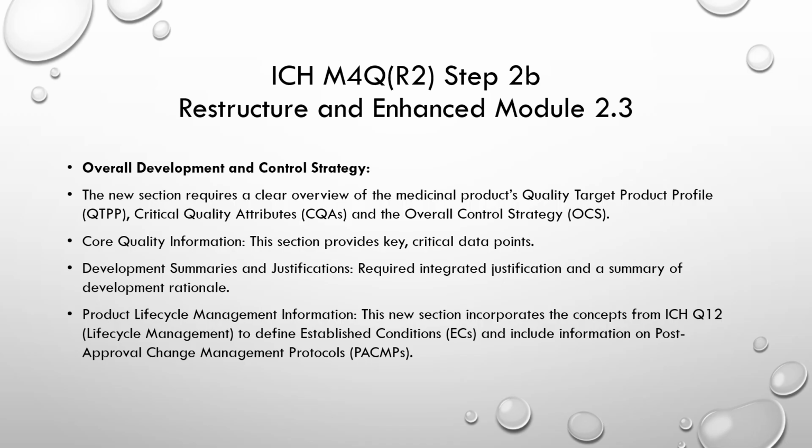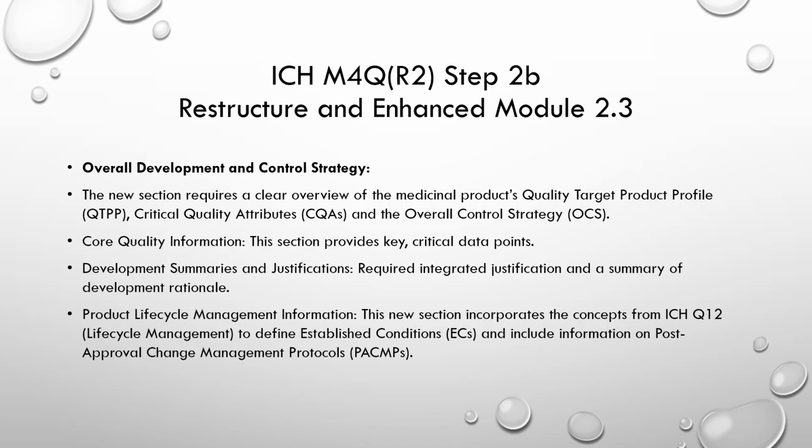Your overall development and control strategy will include things like your quality target product profile, your critical quality attributes, and your overall control strategy. And this is going to be something that will be reviewed. I think it's really important. I'll be giving an overview, looking at the guidelines and at the actual document in this presentation.